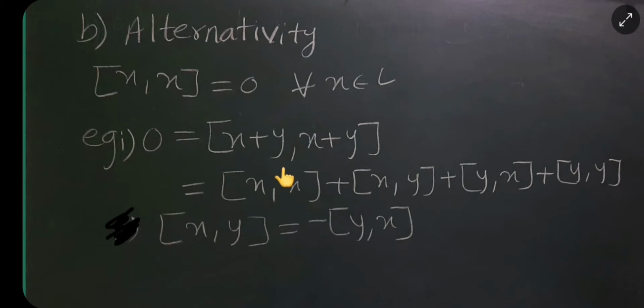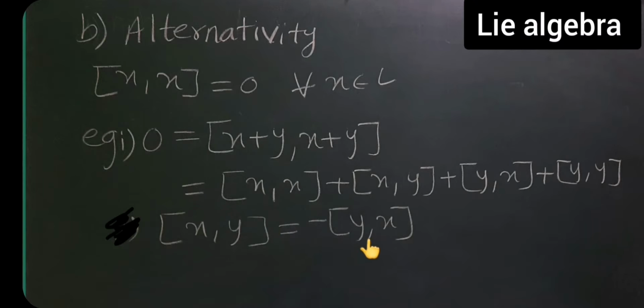Now [x, x] is equal to 0, so it is gone, and [y, y] is also 0. So what will remain? [x, y] equals, taking this to the other side, minus [y, x]. So this is the example of alternativity.